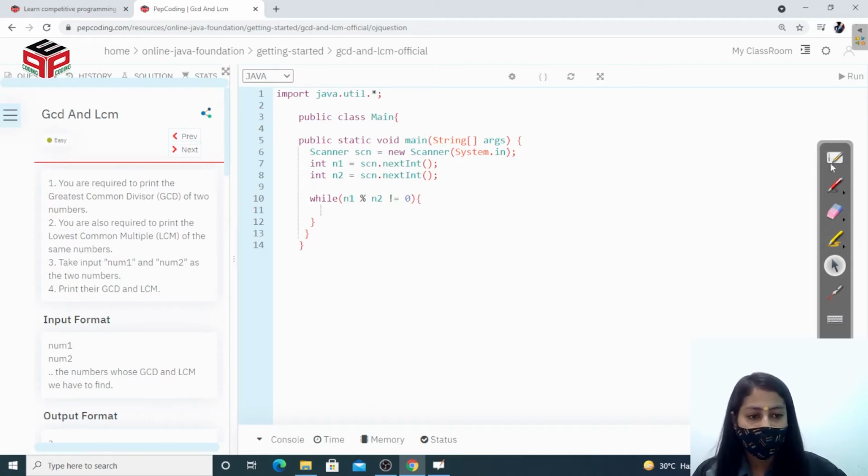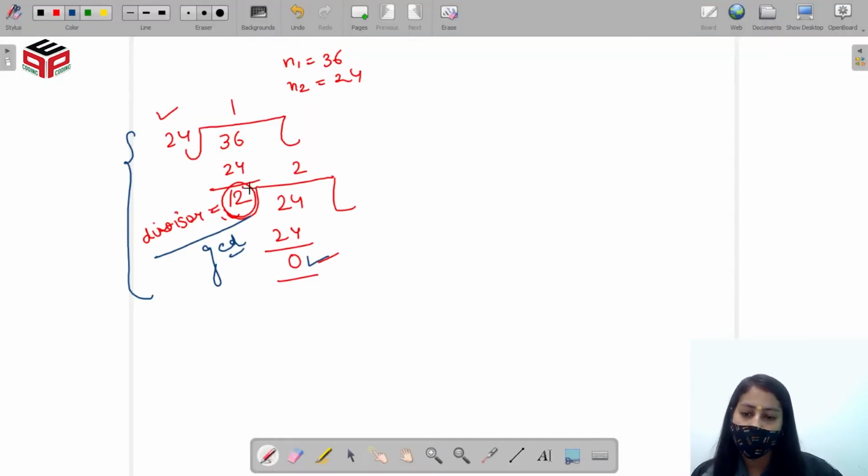Now in the division, let's store the remainder in some variable, say r. In the next division, the dividend n1 will now become n2, that is, the dividend is now 24, and the divisor becomes the remainder.